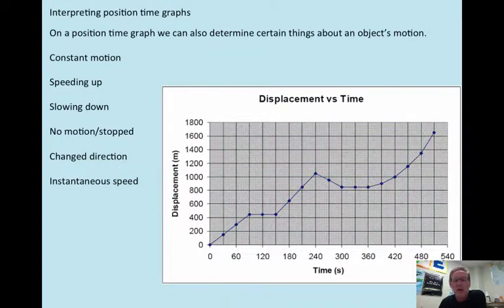Anyway, constant motion is always going to be indicated by a slope that's straight, versus a slope where we have a curve. Now this can be down or up, it doesn't matter. Speeding up is going to be an upward curve.